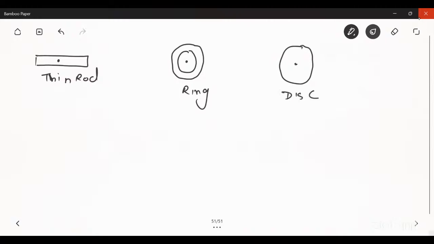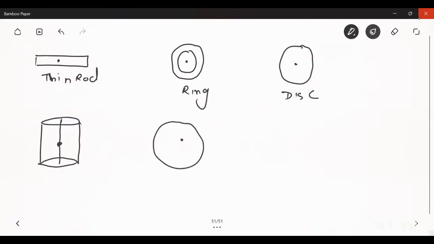Now come to the cylinder. In the cylinder also, the center of gravity and center of mass coincide at the middle point of the height. In a sphere also, they coincide at a single point, its middle point.